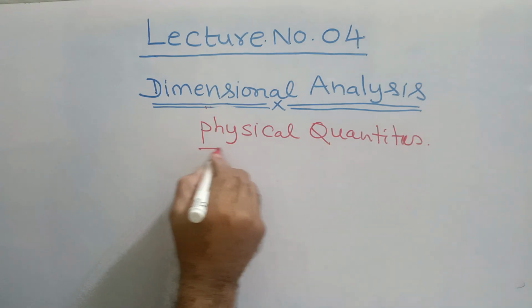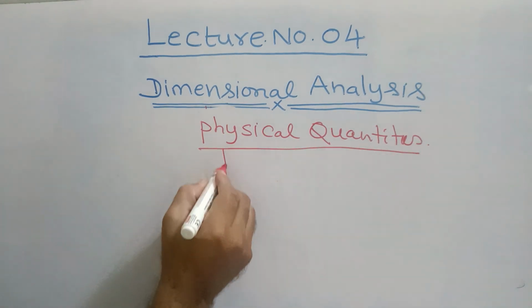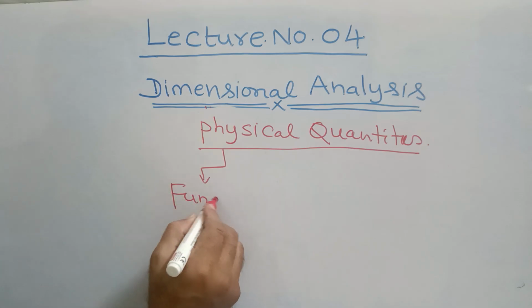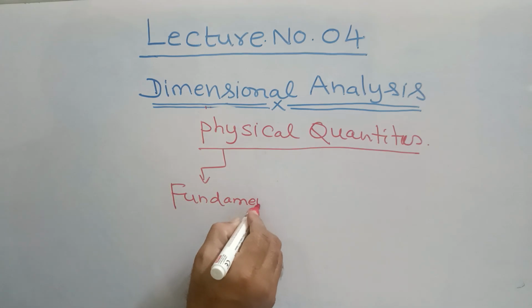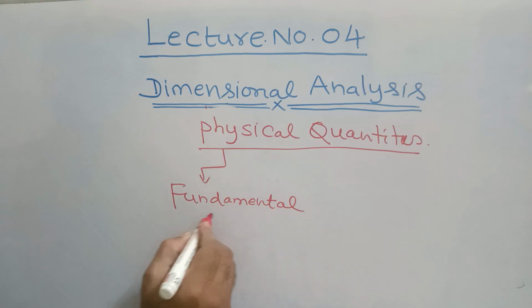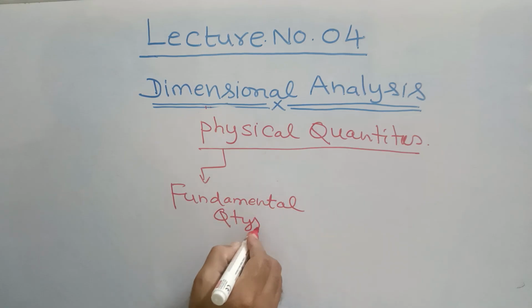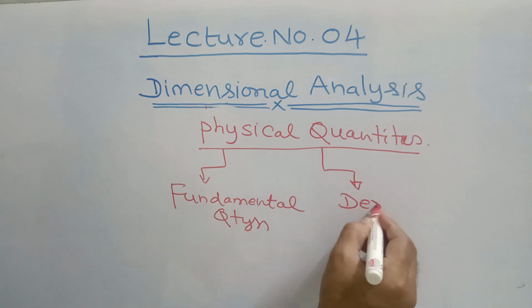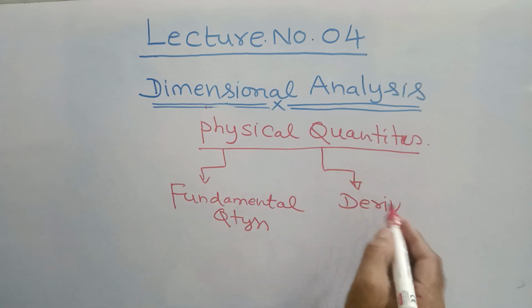Under these physical quantities, we have seen the first as the fundamental quantities or base quantities, and then the second one is the derived quantities. You can refer to our previous presentation. I hope you all remember.